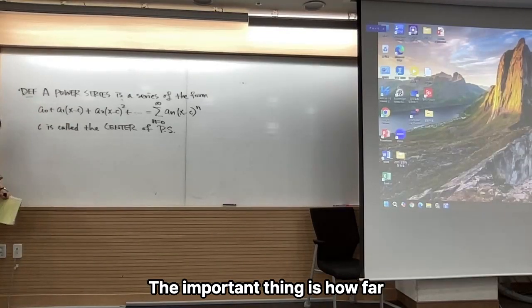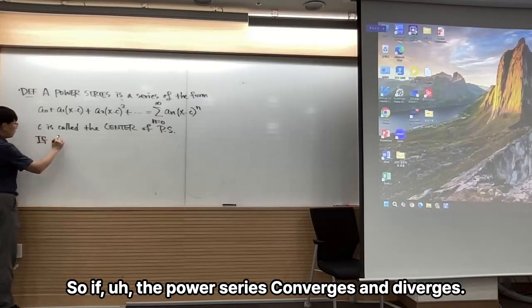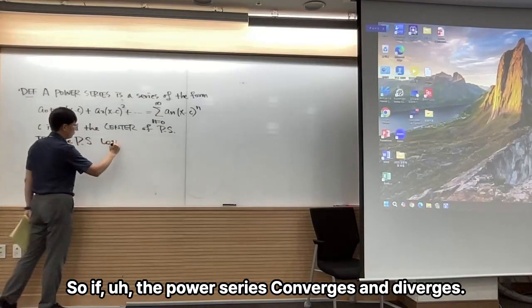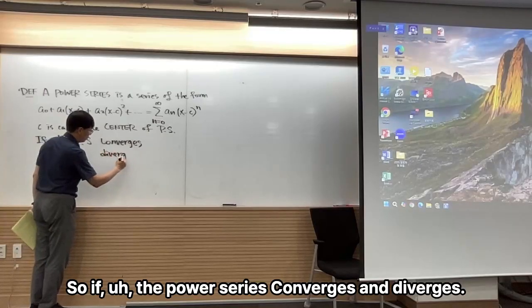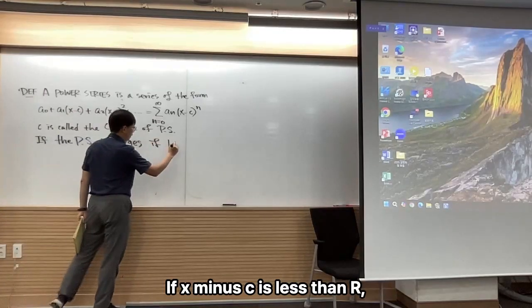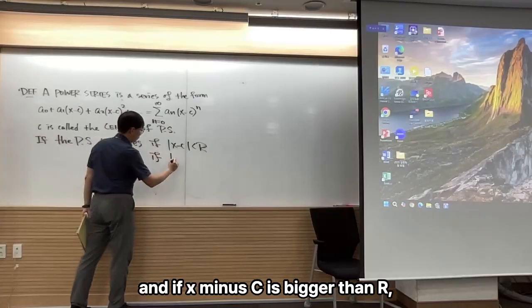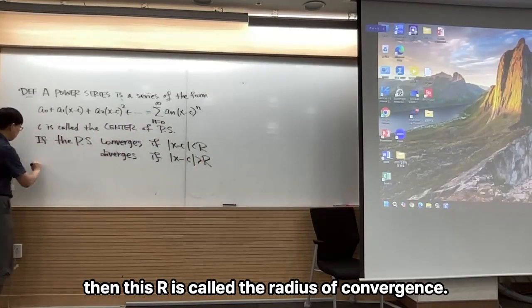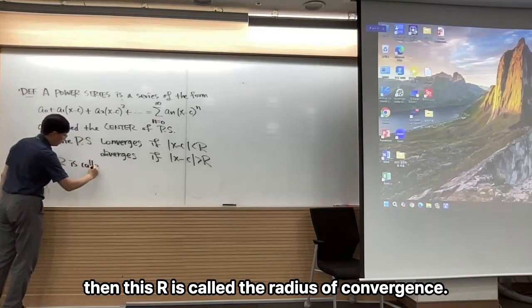The important thing is, how far can we move our value of x away from c? So if the power series converges if the absolute value of x minus c is less than r, and diverges if the absolute value of x minus c is bigger than r, then this r is called the radius of convergence.